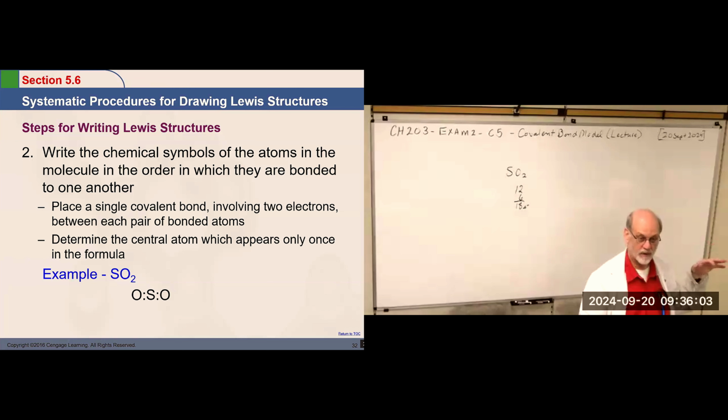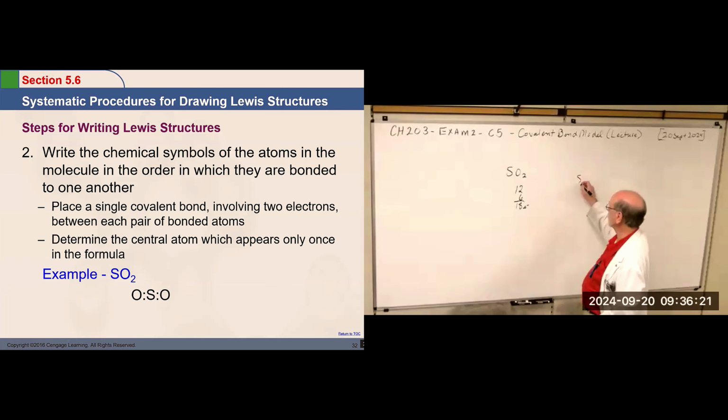That would give it a more ionic character. And the first one in a formula, we learned when we were naming them, is the metal. So sulfur is below oxygen, it would come first, and that would put it in the middle. So we would write sulfur in the middle and then just form one bond on each side.